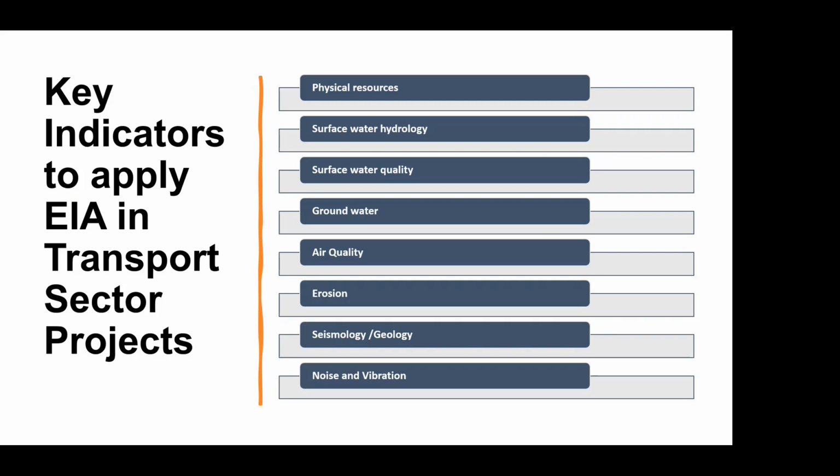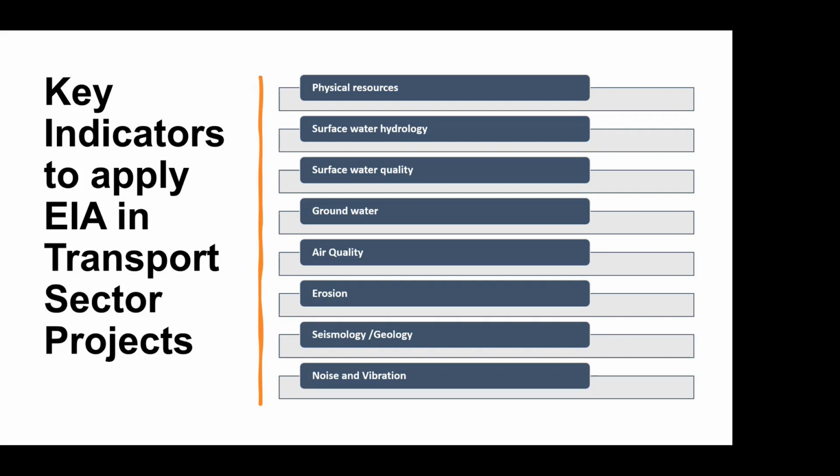Among the physical resources, the first is surface water hydrology. You need to understand that a transportation project may alter the natural hydrology, sediments, soil quality, transport patterns, and waterways in the project area. These should be examined with and without project conditions. So you cannot ignore physical resources.